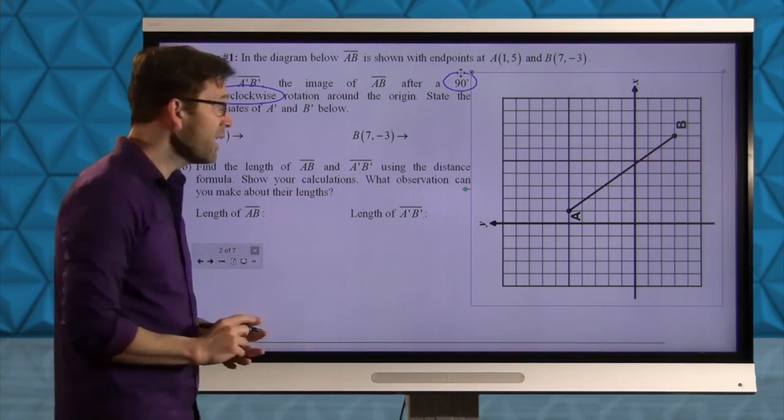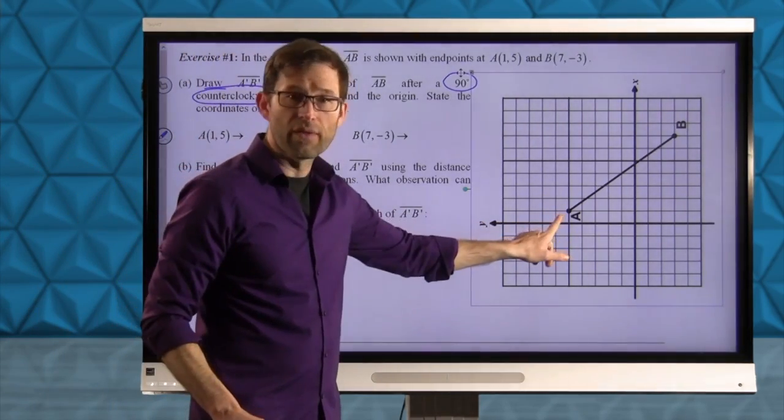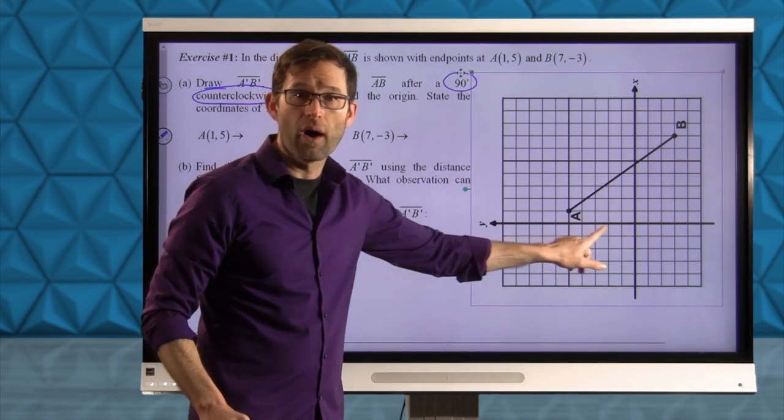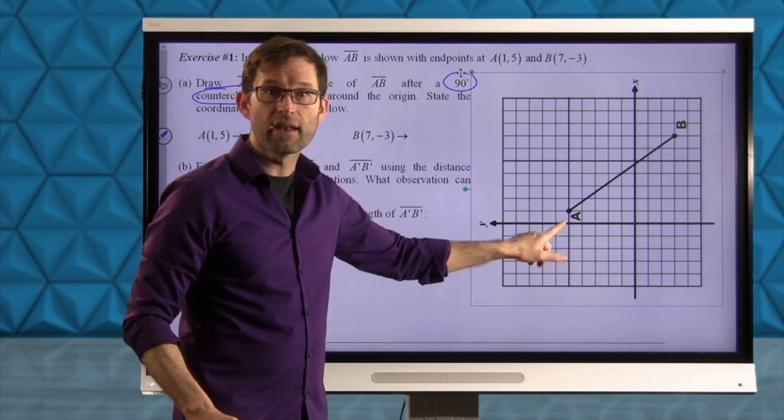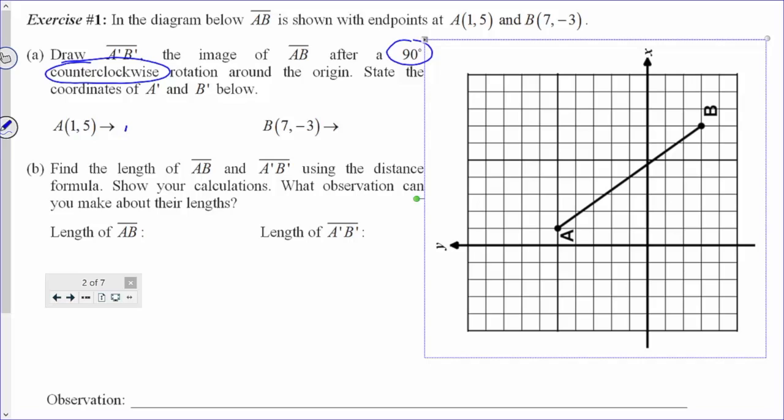In which case you can literally now look at this point and where A has gone, and you can say, well, it's at (-5, 1). And you can also look at this point up here and say, oh, that's going to be at (3, 7).